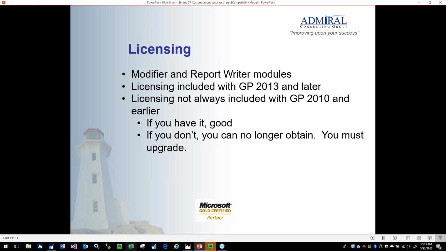If you are not, the only way that you can get licensed is to upgrade to a later version of GP. Because 2010 is no longer supported, Microsoft won't sell you or license you additional modules. If you're on GP 2010 and you're not sure if you own the products, just email me after this and I'll take a look at your account on the Microsoft portal and let you know if you're licensed or not.